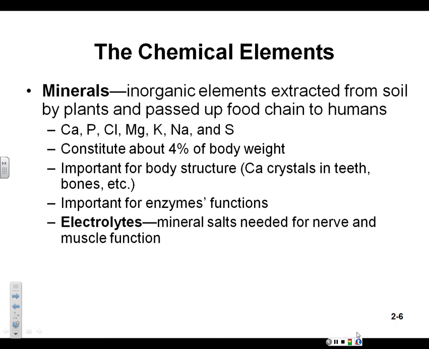All right, who knows the definition of an enzyme? What about a catalyst? Remember what a catalyst is. These are things that speed up chemical reactions.